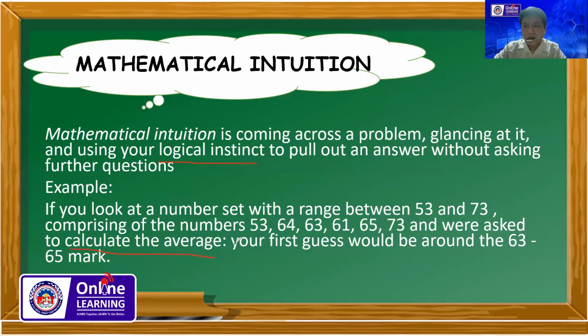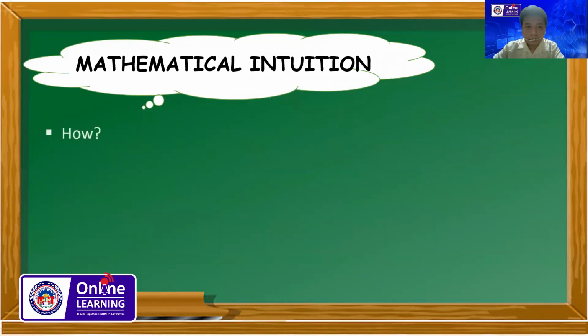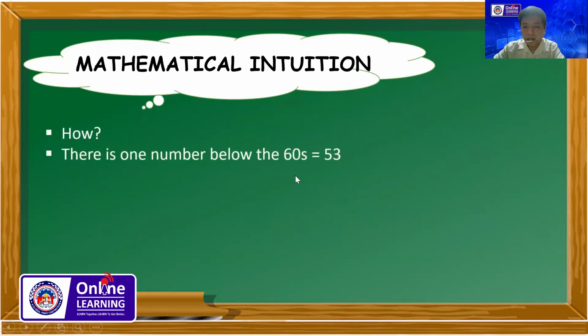Now, how can we deal with this kind of answer, 63 to 65 mark, even without using any solving for this example? Now, how can we deal with this? Okay, so first, there is one number below the 60s, that is 53.